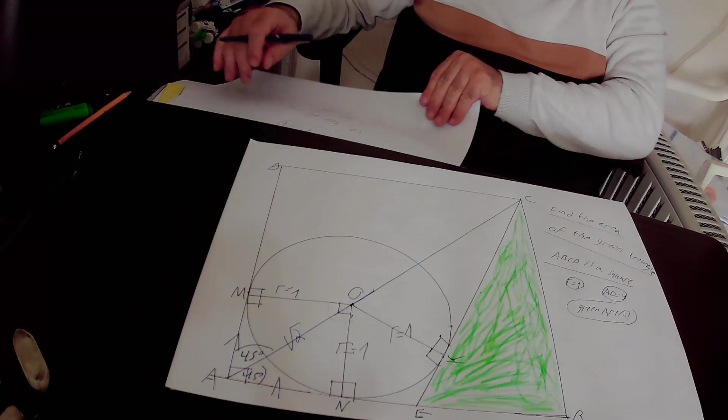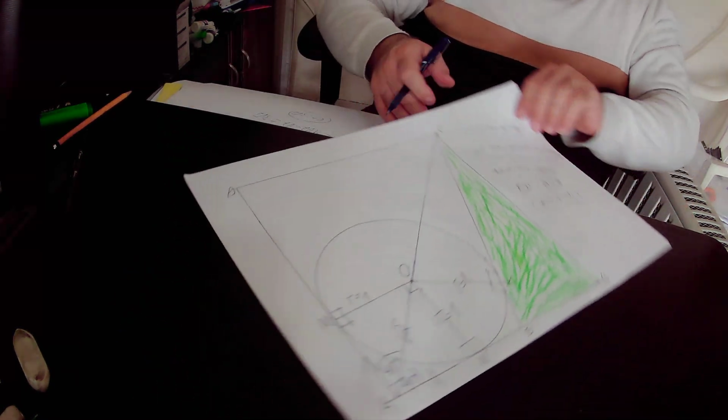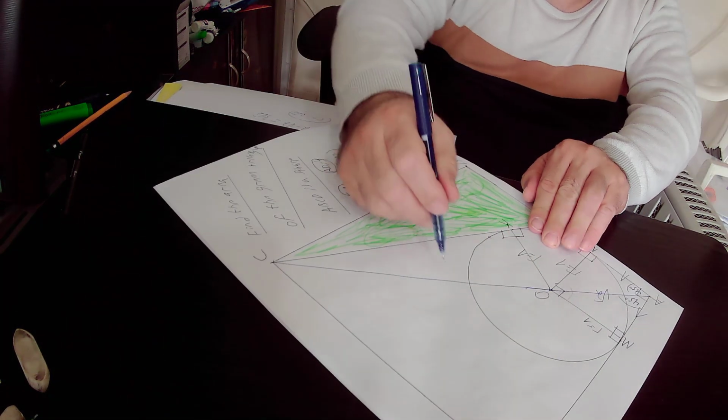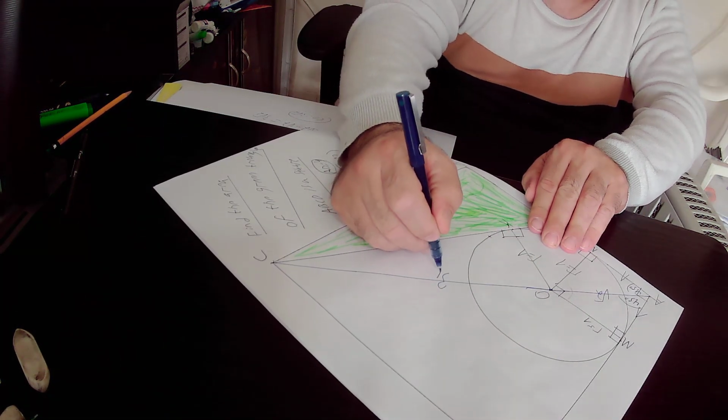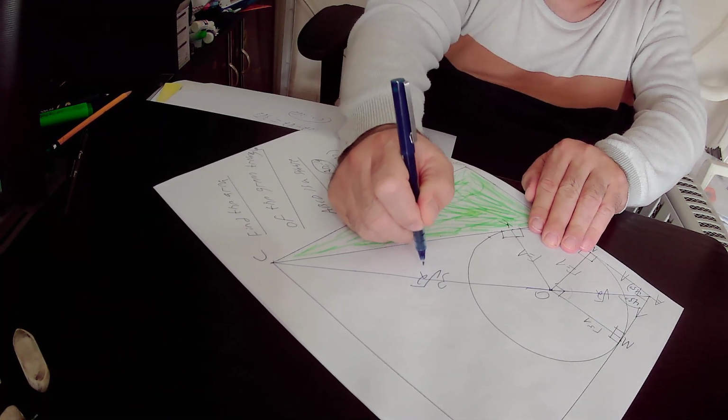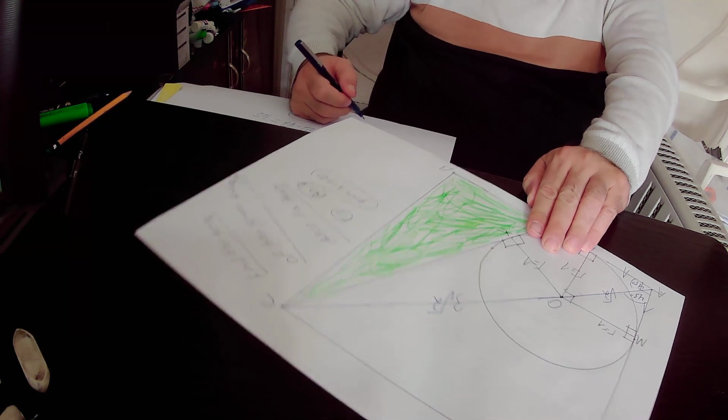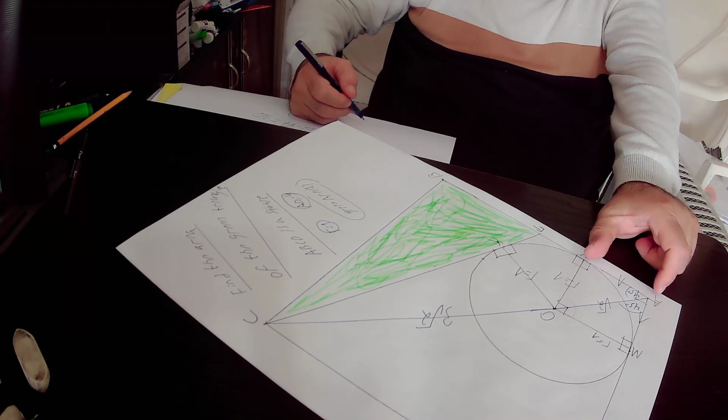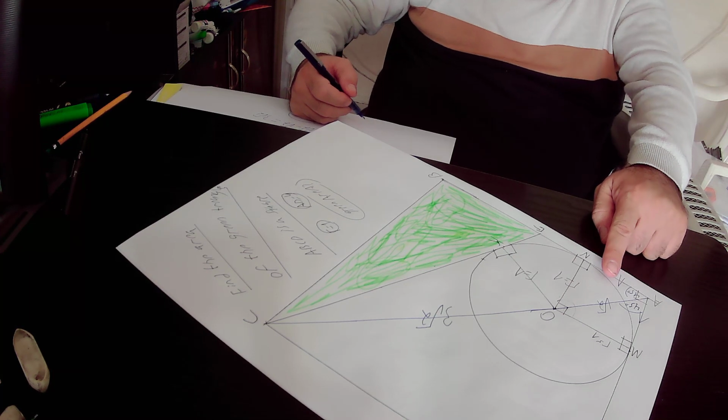So we can write here that CO equals 3 times square root of 2 units. Okay, and we already found out that OA equals square root of 2 units.